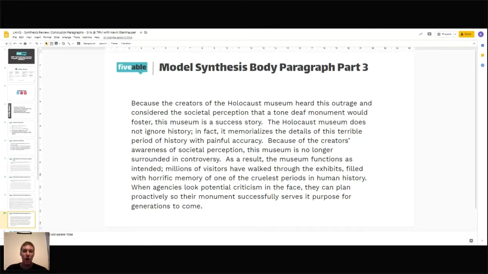Millions of visitors have walked through the exhibits, filled with horrific memory of one of the cruelest periods in human history. When agencies, this is my wrap-up sentence here, take note of this one, look potential criticism in the face, they can plan proactively so their monument successfully serves its purpose for generations to come. Now, that was a super long body paragraph.